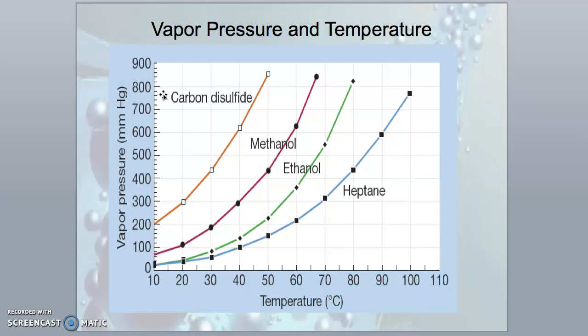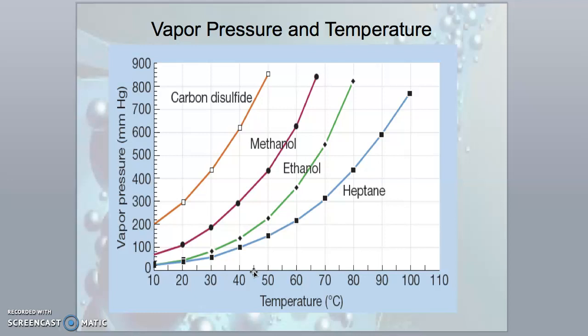Now, a lot of times there'll be like a dotted line in these graphs going across. So if I made a dotted line, I stayed right at 760, doing the best I can. And when I get to the carbon disulfide line, if I drop straight down, I can get the temperature, and that's going to be 45 degrees C. That's the normal boiling point for carbon disulfide.